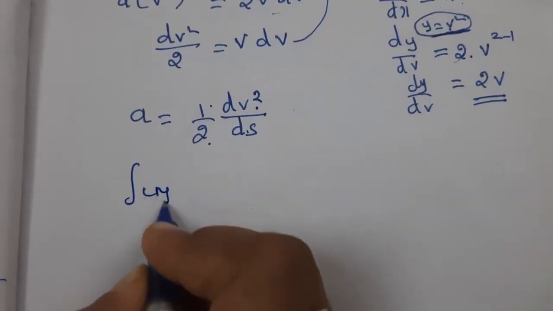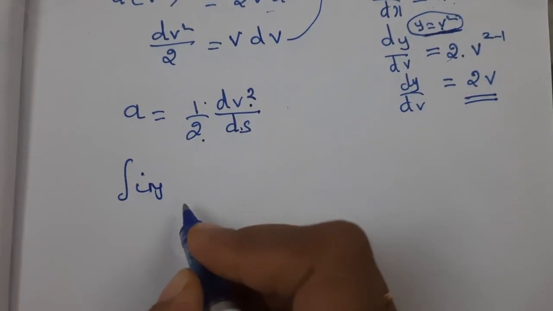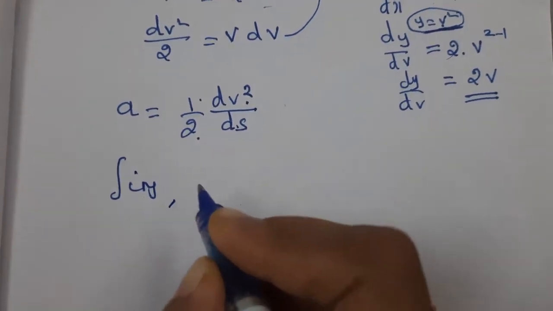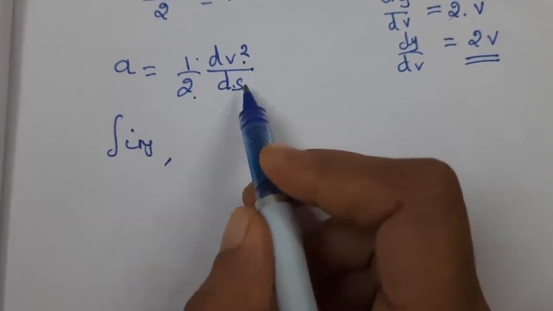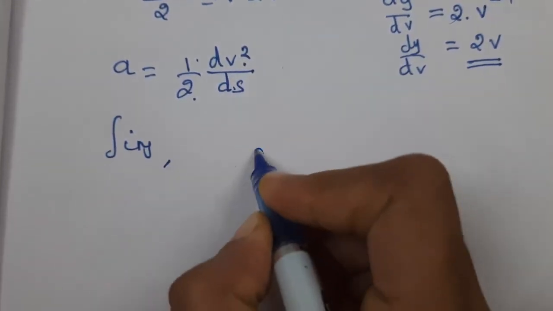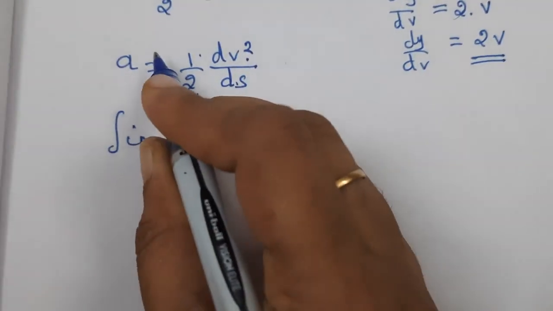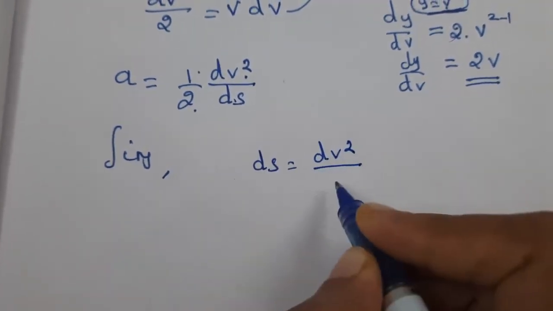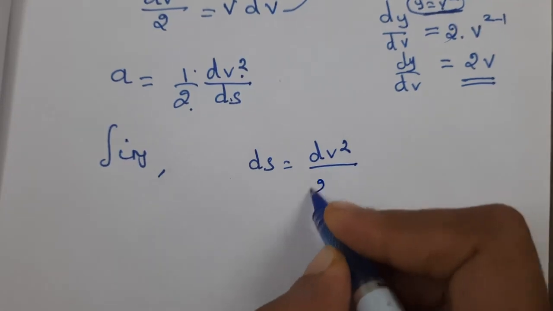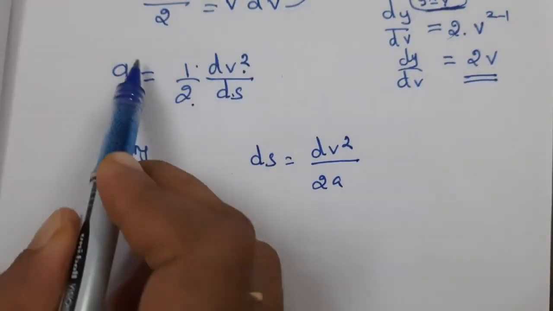So integrating on both the sides. Before that, we can rewrite this equation as ds is equal to dv square by 2a. ds will come this side.